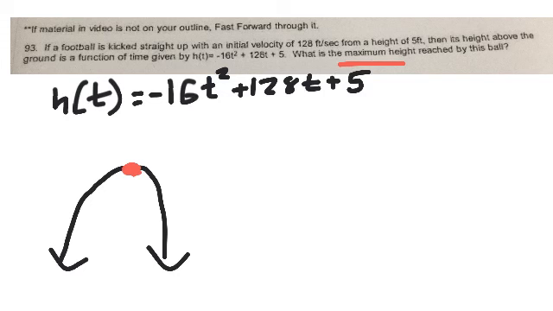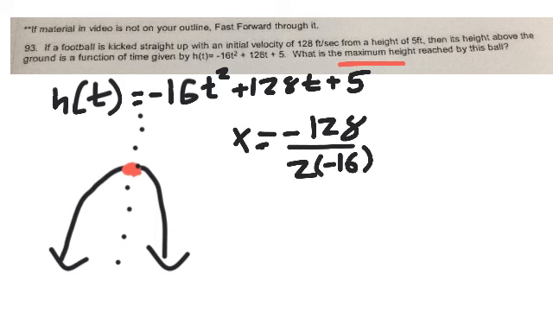So I need to find the coordinates of the vertex, and whatever the y value is will be the actual height of the football. So in order to find the y value, I must first find where it occurs. So I need to find the x value to plug in. We can find the x value because we know it's on the axis of symmetry by using -b over 2a.